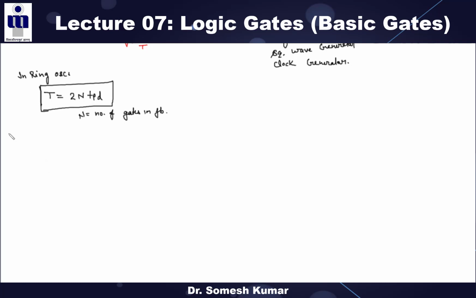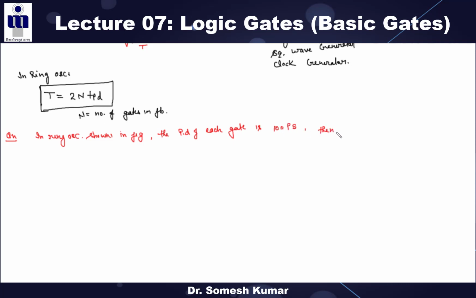Now the question is: in the ring oscillator shown in the figure, the propagation delay of each gate is 100 picosecond, right?